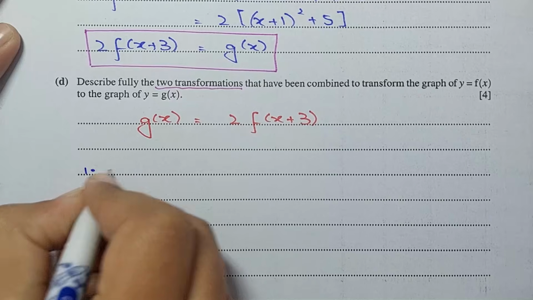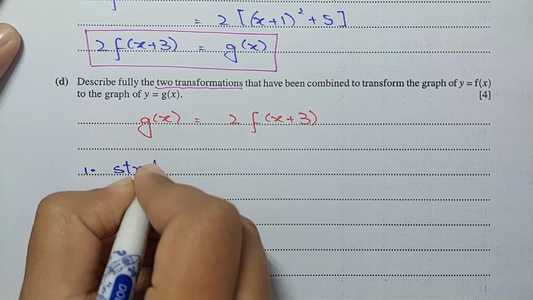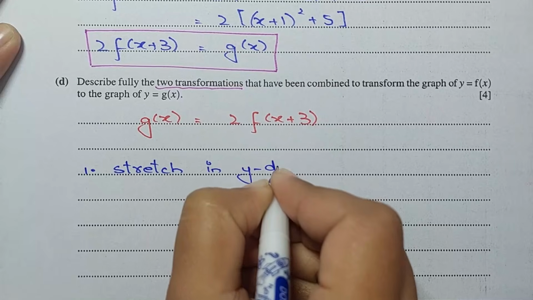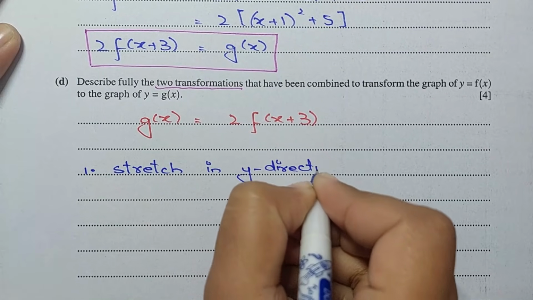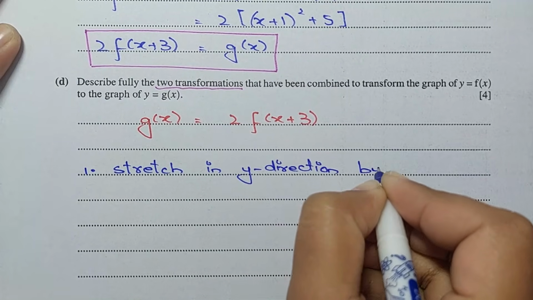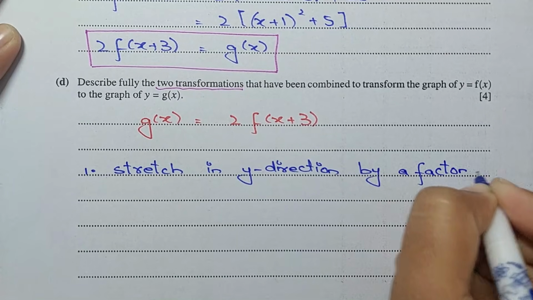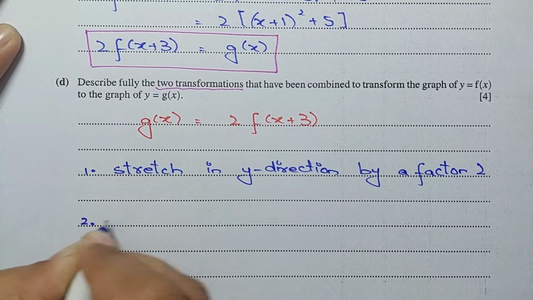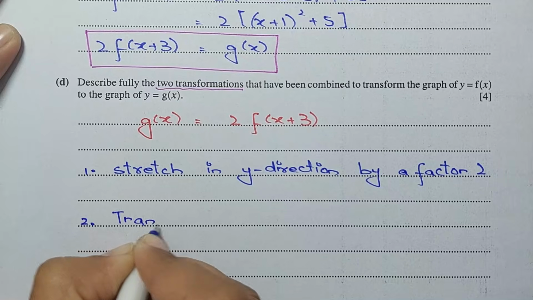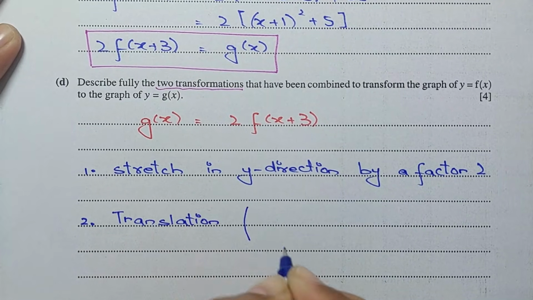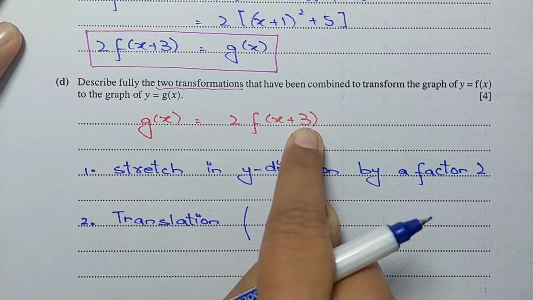The first transformation is a stretch in y direction by a factor of 2, and the second transformation is a translation. There is no vertical translation, there is only a horizontal translation, which is 3 units left.